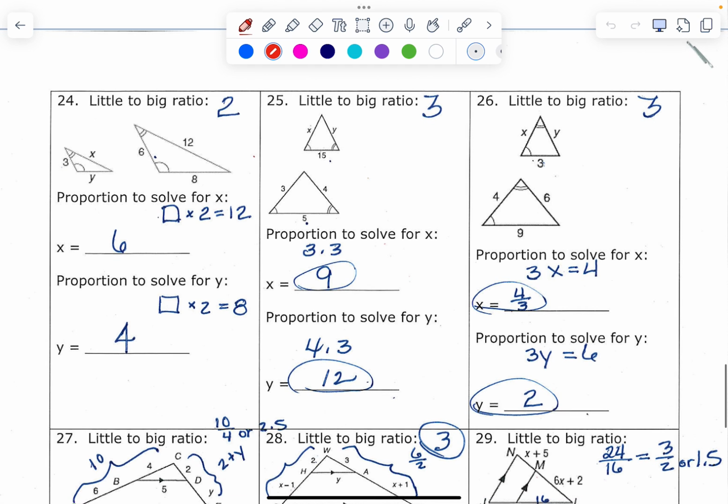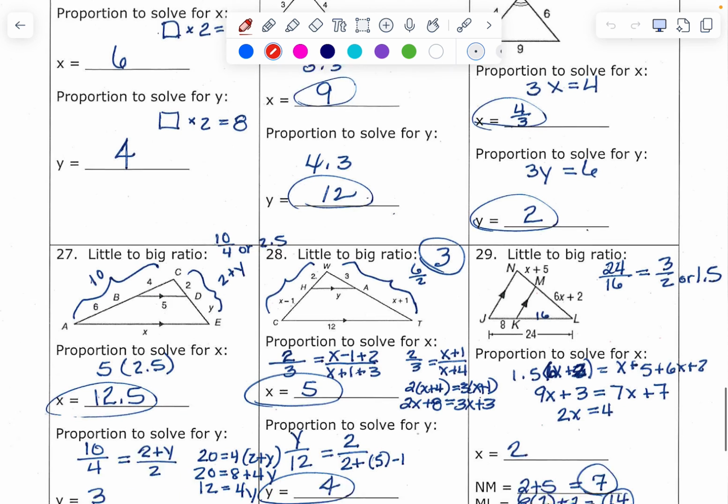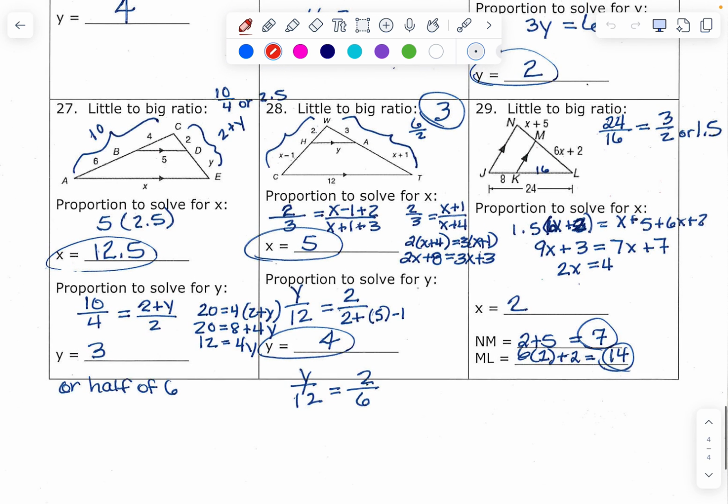X is 4/3 or 1.333 and Y is 2. 27. X is 12.5 and Y is 3. 28. X is 5, Y is 4. And 29, X is 2, NM is 7, ML is 14.